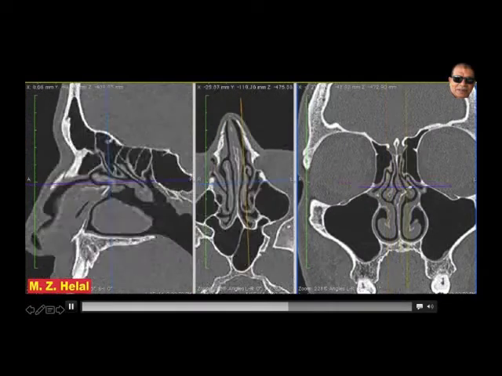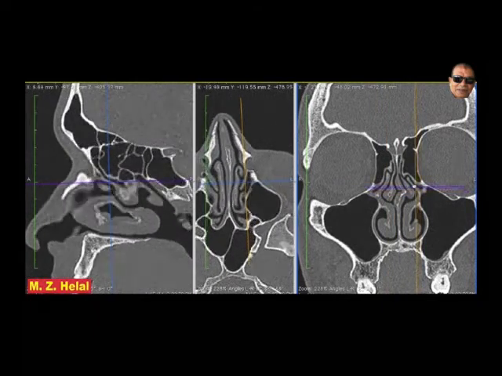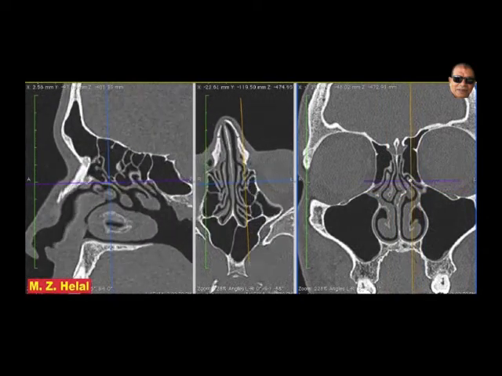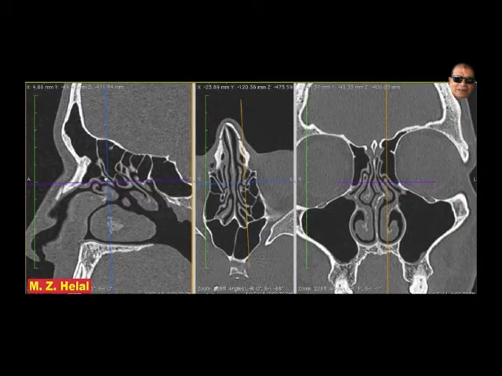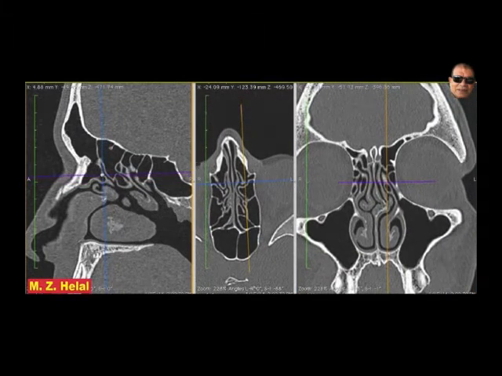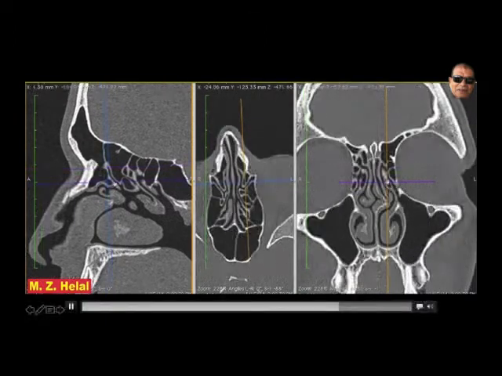I'm moving to the left side, also to the area of the maxillary sinus ostium, and going with the uncinate till we reach the posterior part of the agger nasi cell on the sagittal section here, and if we go up we can reach the frontal sinus.